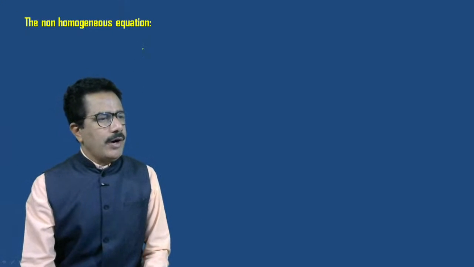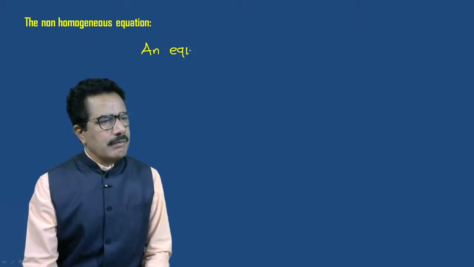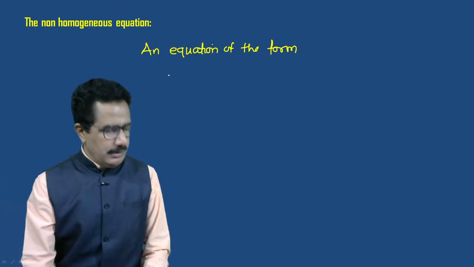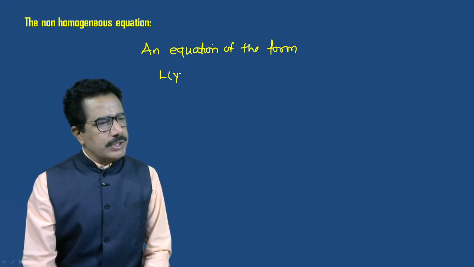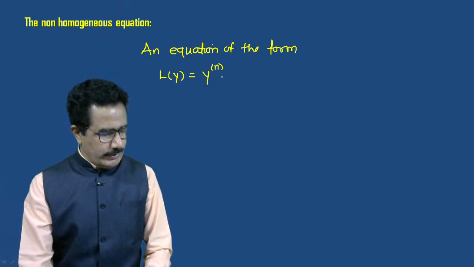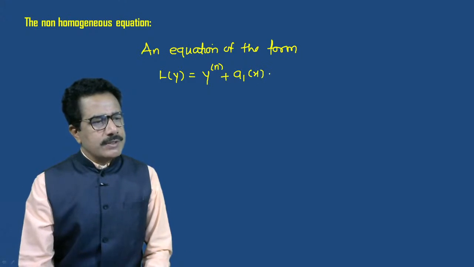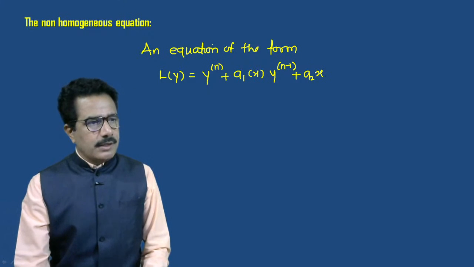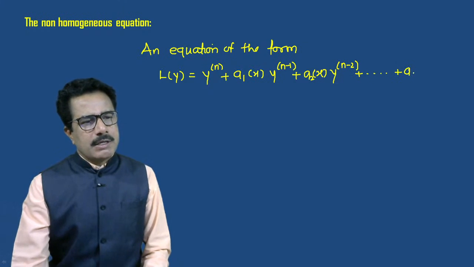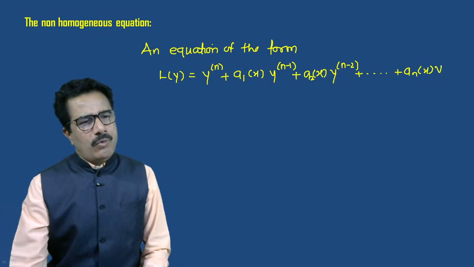An equation of the form L of y equals y^(n), meaning the nth order derivative, or we can write d^n y by dx^n plus a1 of x y^(n-1) plus a2 of x y^(n-2) plus dot dot dot plus an of x y, which is equal to b of x.